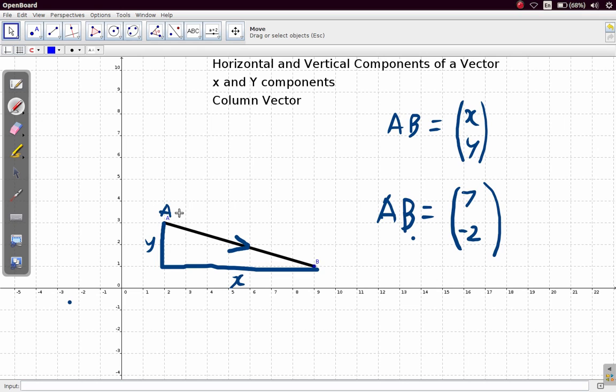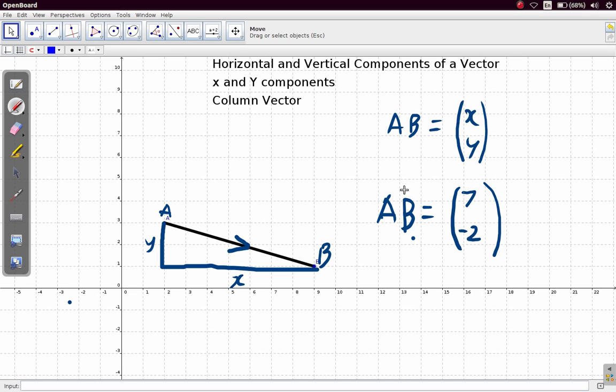Remember, this is at A, this is at B. What this is saying is to go from the start to the finish of the vector, instead of going straight along the vector, you could go 7 units to the right and 2 units down, and you end up at the same place.